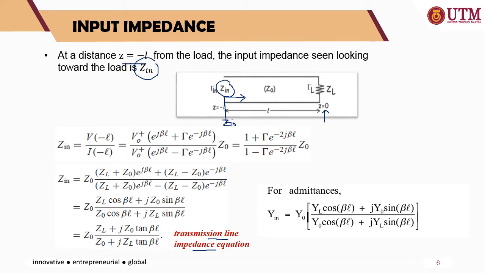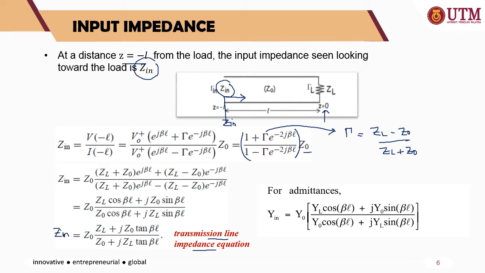Alright, so the Zin can be estimated by the following equation. It's basically Z0 multiplied by 1 plus the reflection coefficient over 1 minus the reflection coefficient. And when you expand the reflection coefficient, which equals ZL minus Z0 divided by ZL plus Z0, you get the Zin equation further expanded into this.